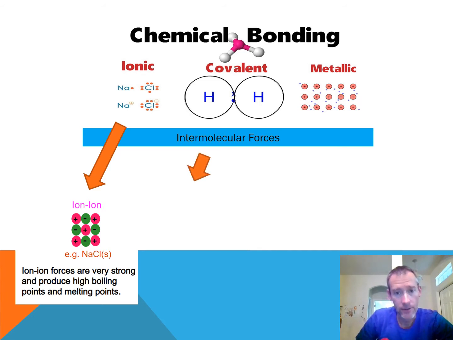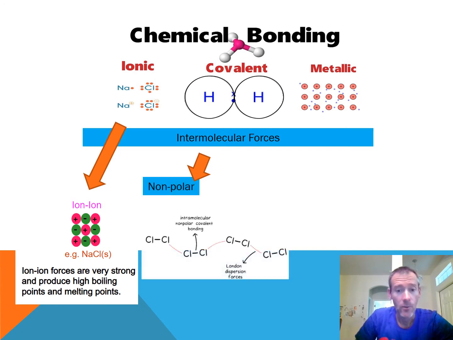And within covalent bonding, you have nonpolar substances, which are going to be your van der Waals forces. These are very weak intermolecular forces. So these are your typical gases like chlorine gas, fluorine, nitrogen, oxygen gas, methane gas. Very weak. That's why they're gases at room temperature.